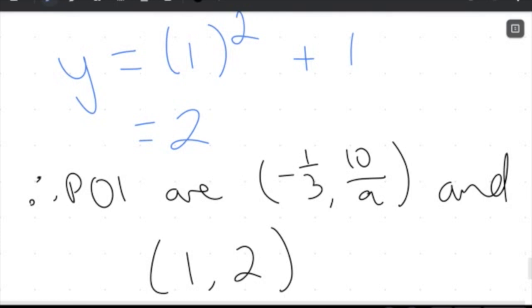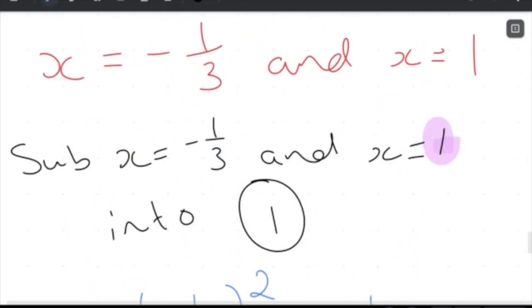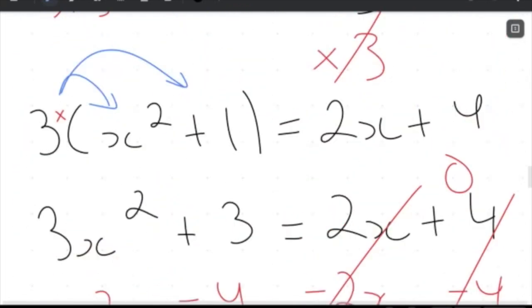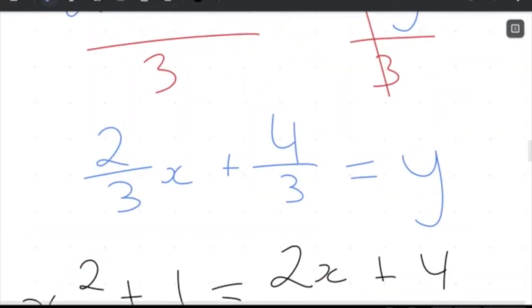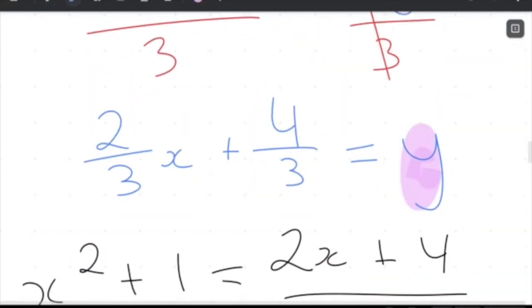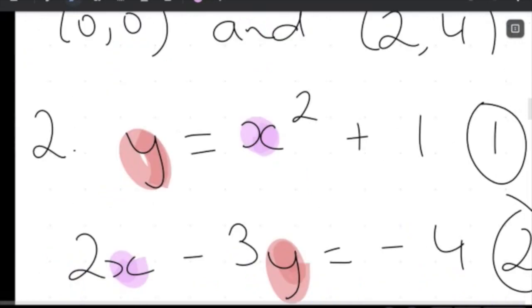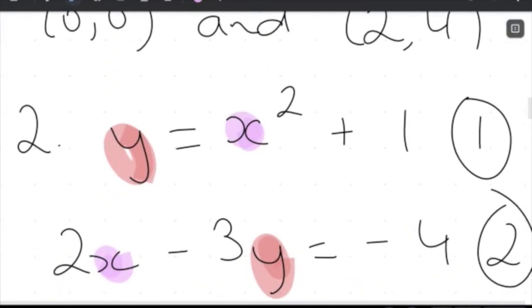This was all about using substitution to solve non-linear equations. So we're doing the same thing as substituting when we did linear simultaneous equations. It is the same process. We're just making y, for example here, the subject of both equations. We made y the subject here, and for equation 1 we had y as the subject.